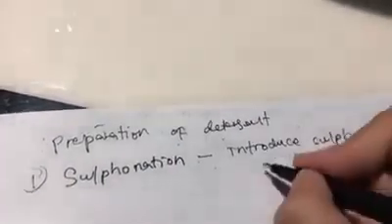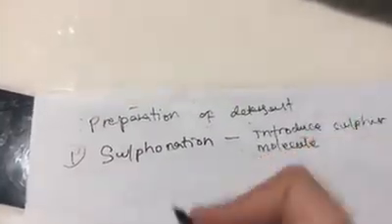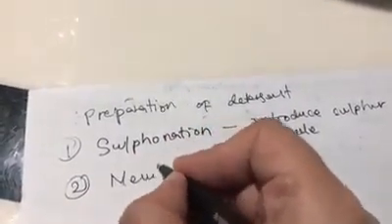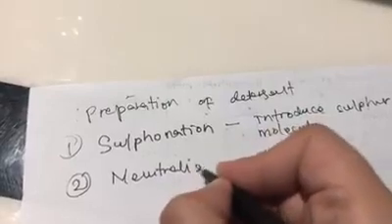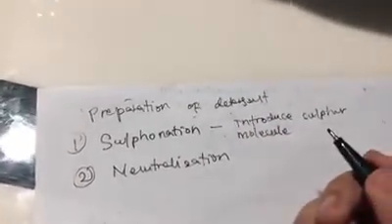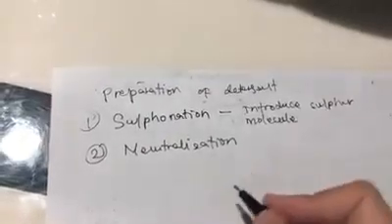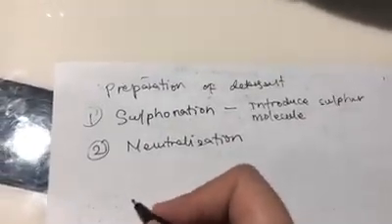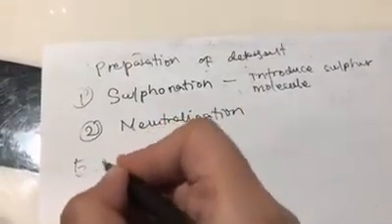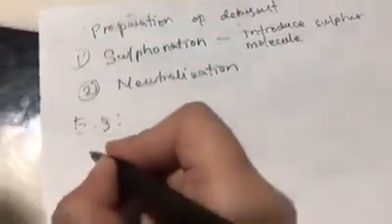This process is carried out in order to introduce sulfur molecule into our product. Then the product from that will be neutralized. It will undergo neutralization in order to form the final product, which is a detergent.